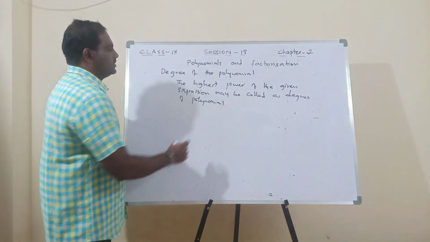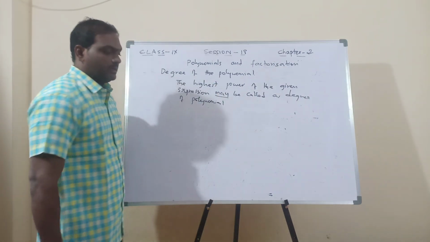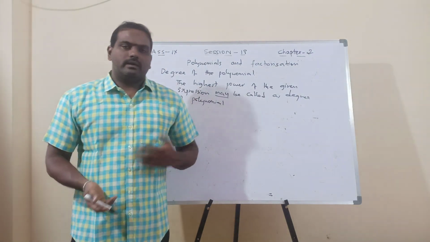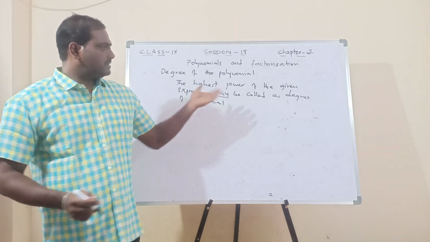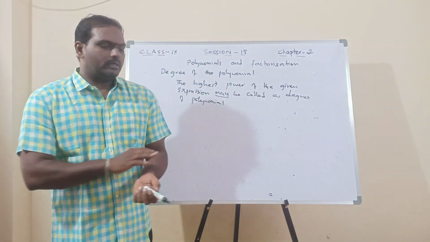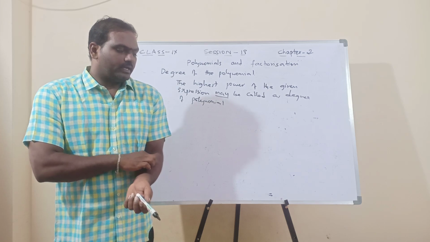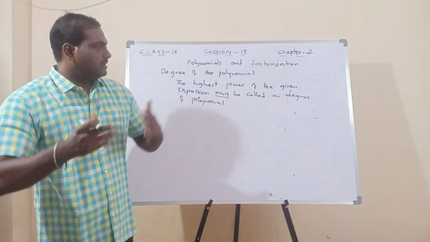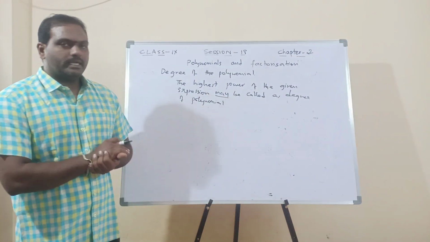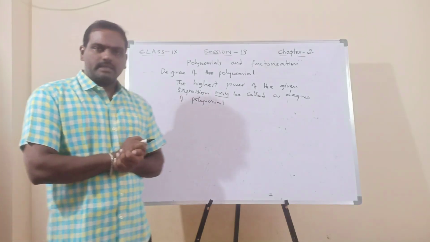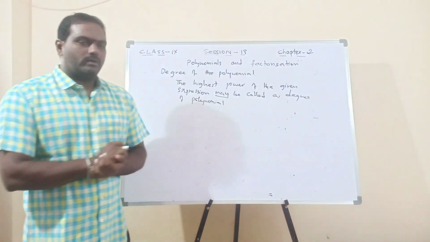Right? I used the words "may be" because for degree of polynomial we have 2 or 3 definitions. Among them, the first one I am giving for your understanding purpose. Of course, it is also right, but it is not a perfect definition in terms of terminology. For our understanding purpose, we may call it this way. The highest power of the given expression may be called the degree of the polynomial.